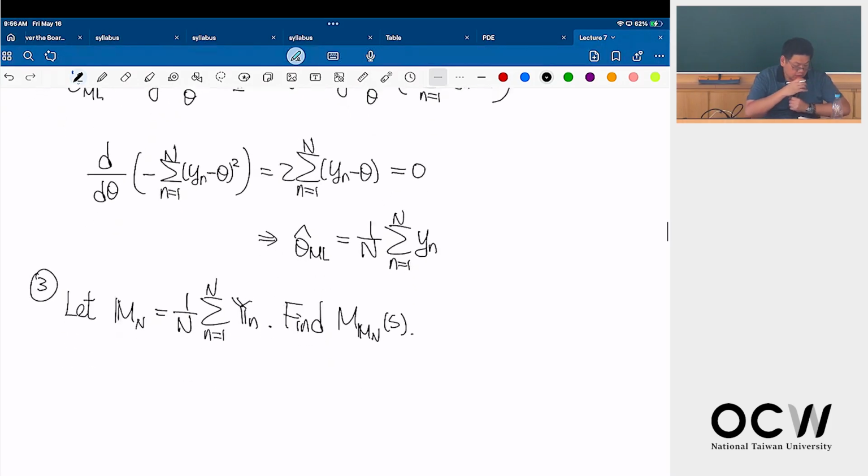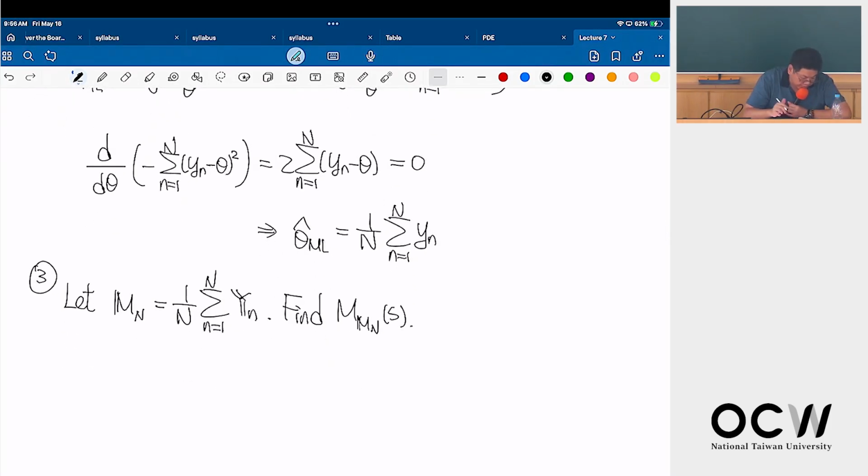So remember, what is the moment generating function? By the definition, that is the expectation of e to the s times the random variable.